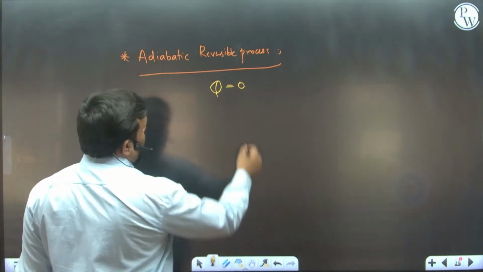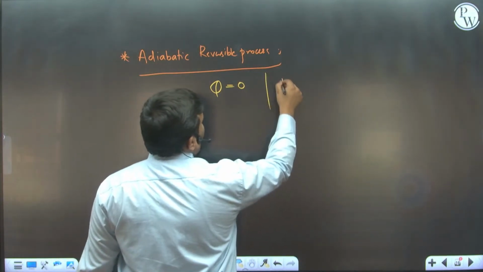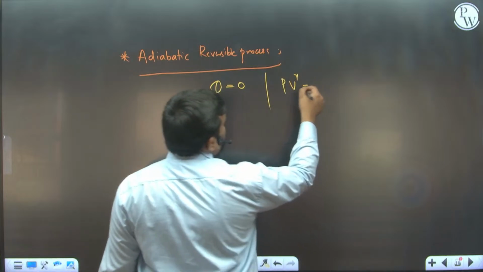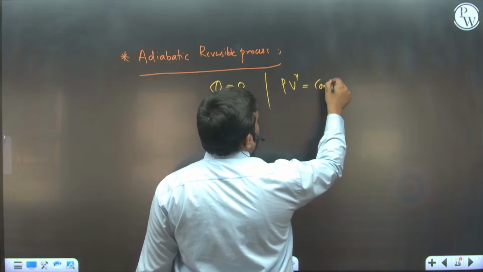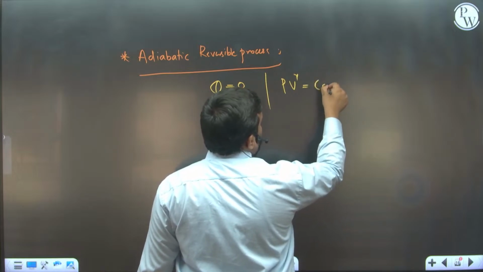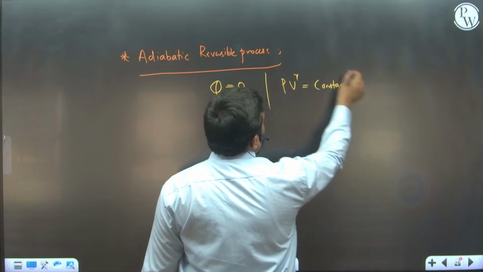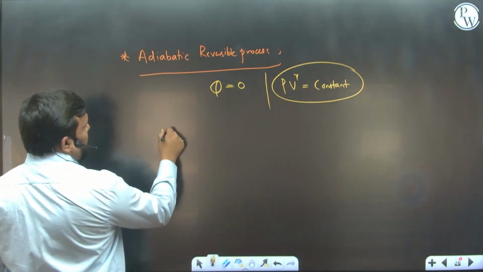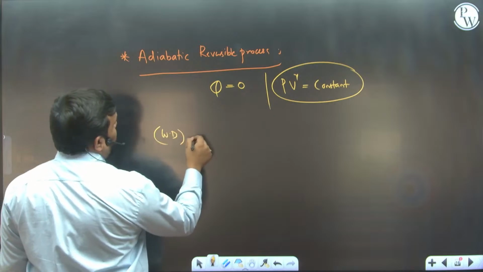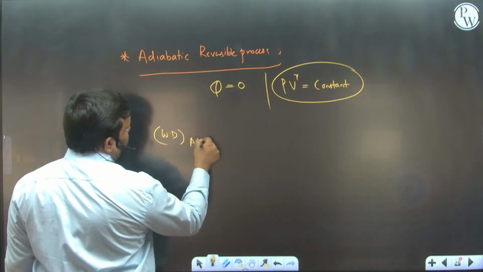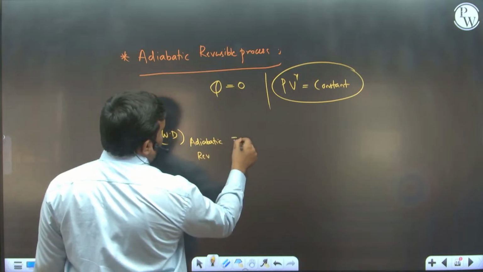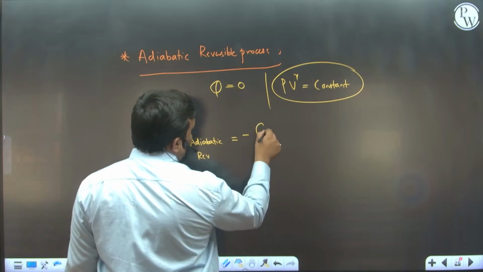Heat exchange is not there, and here we will be having the equation PV power gamma is equal to constant. This is the equation which will be followed here. So let us see the work done derivation. Work done for adiabatic reversible process will be minus integral PdV.